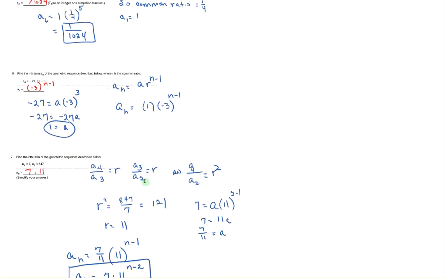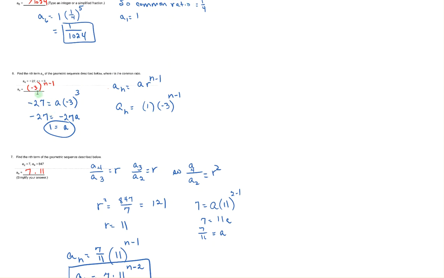Number 6, find the nth term given that a sub 4 is -27 and r is -3. Here's our formula, and we plug in what we've got.